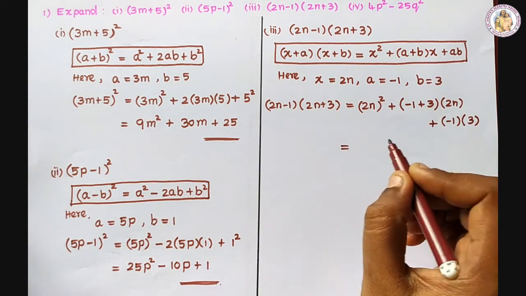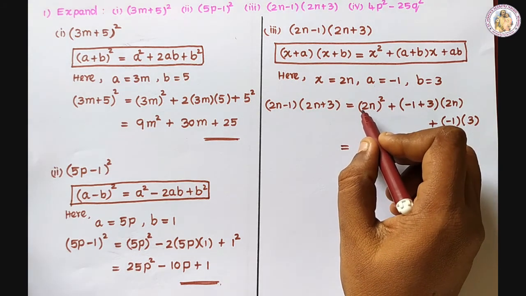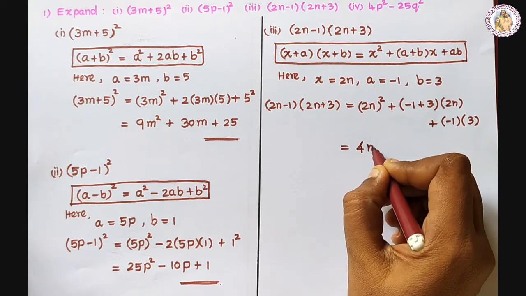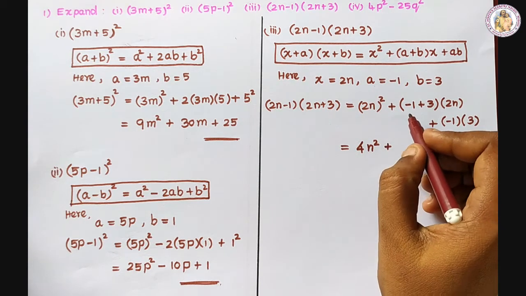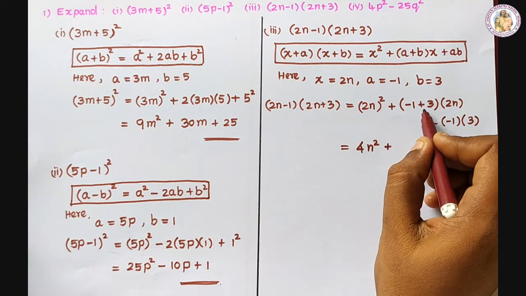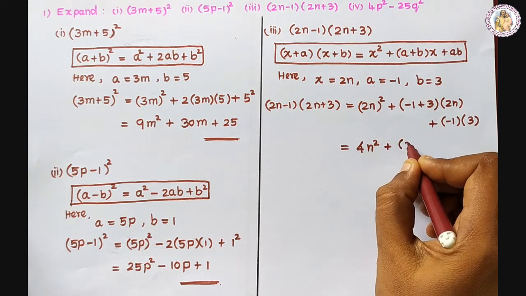Now simplify that. 2n whole square, so 2 squared means 4 and n squared. Here minus 1 plus 3, different sign, so we have to subtract this one to get 2.